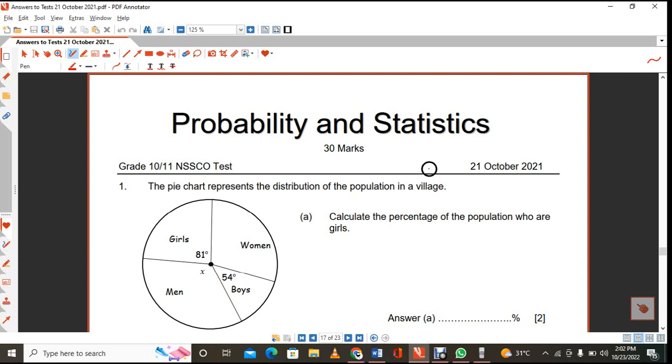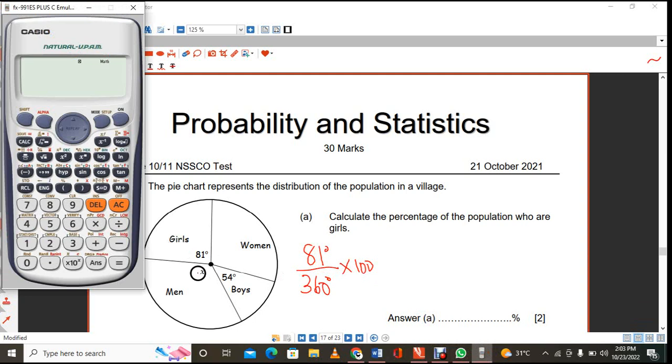So this one says the pie chart represents the distribution of the population in a village. Calculate the percentage of the population who are girls. So the sector angle represented by girls is 81 degrees over 360 degrees. So you simply go ahead and multiply that by 100.